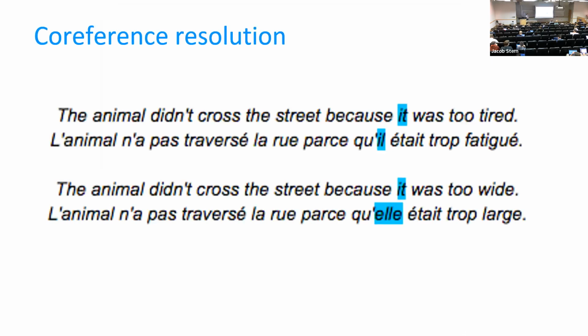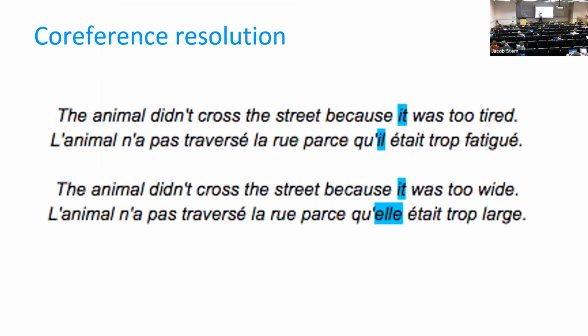So to further motivate this idea of attention, here is an example of a problem called co-reference resolution, where you are trying to figure out which nouns and pronouns in a sentence refer to the same thing. So in this first sentence, what do you think the word it refers to?